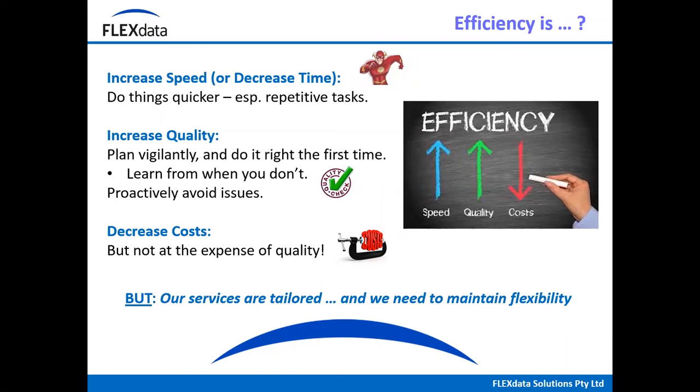And they're two slightly different, but linked concepts there. We can also increase the quality of what we are doing, and we can increase the quality of the outcome. That can be done, for example, by planning and doing things right the first time. Importantly, learning from when we don't get things right and making sure we don't do that. We can increase the quality outcome by proactively avoiding issues.